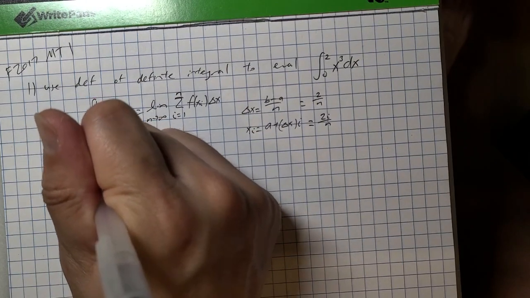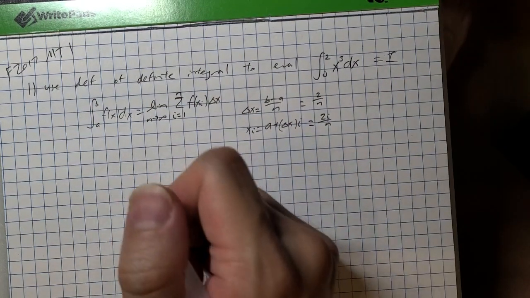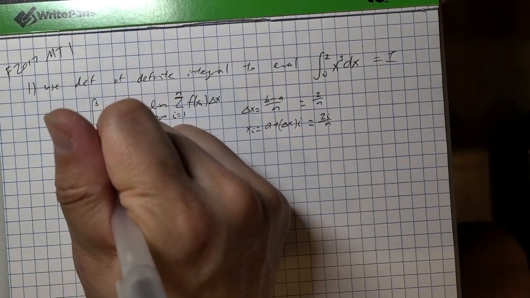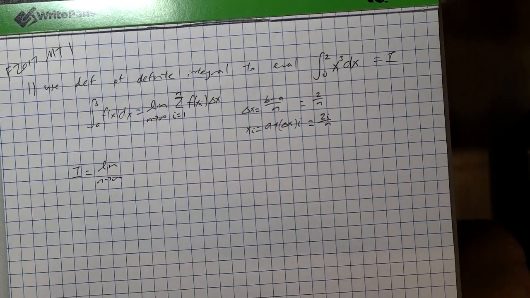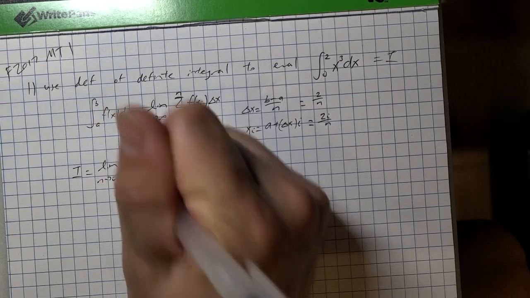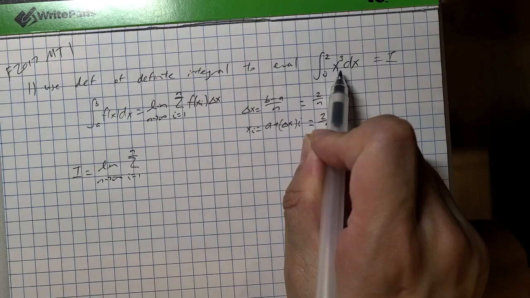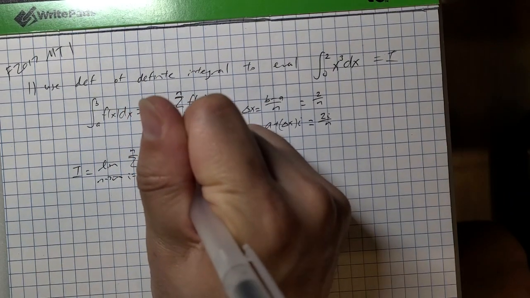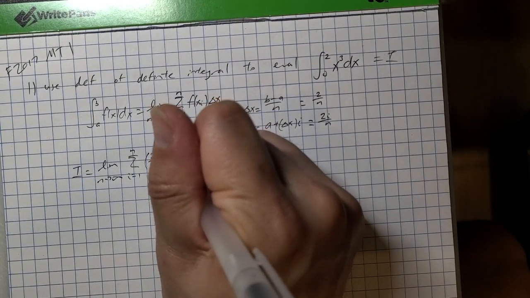So our integral, we call this I, is equal to the limit as n goes to infinity of the summation from i equals 1 to n of f of x sub i. Our f of x is x cubed, so we have (2i over n) cubed times delta x, which is 2 over n.